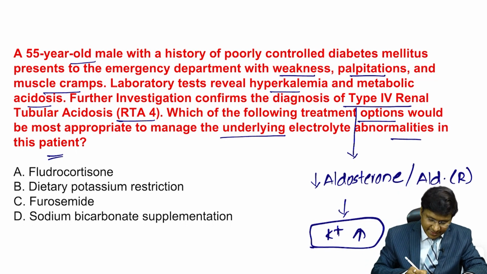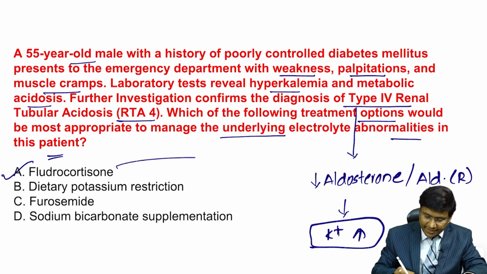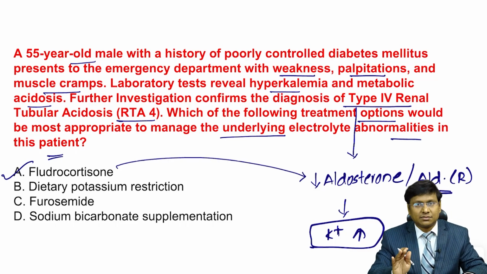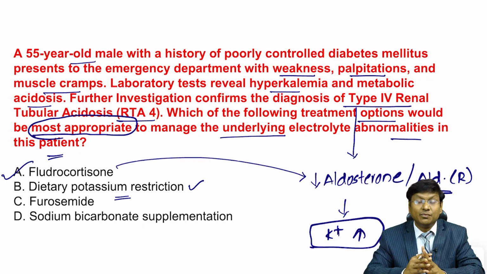Among the options, what is the answer? It is fludrocortisone. Fludrocortisone is an aldosterone analog, all right? And dietary potassium restriction is definitely also very much required, but the most appropriate to manage the underlying electrolyte abnormality will be fludrocortisone.